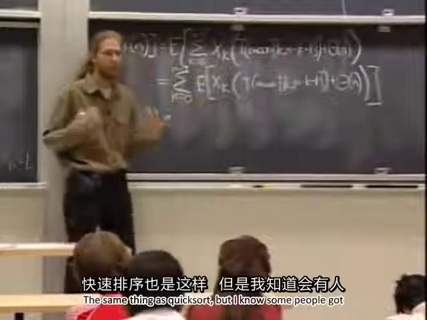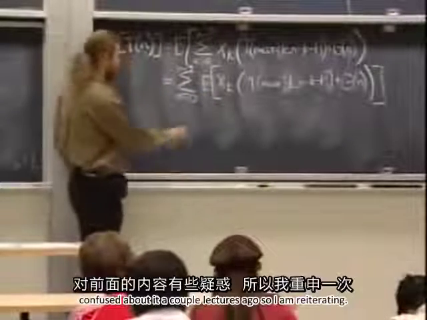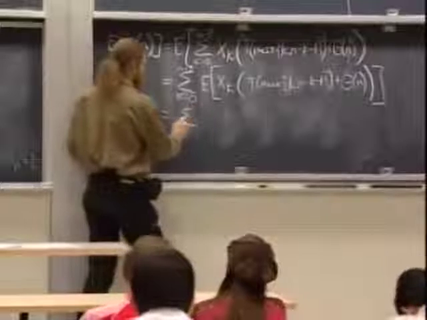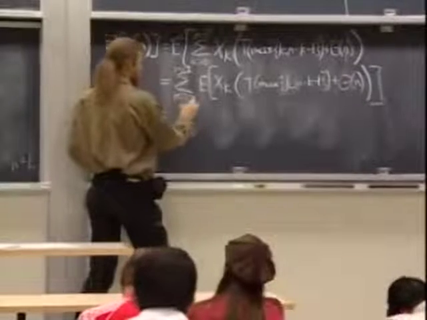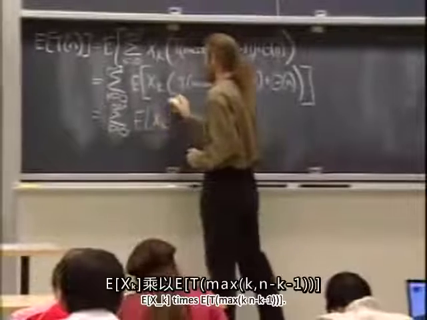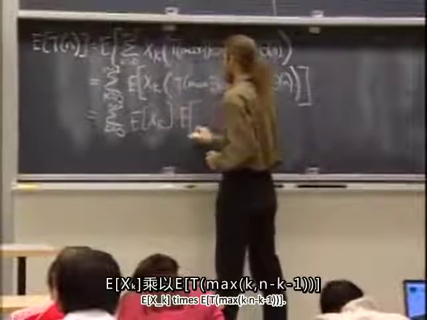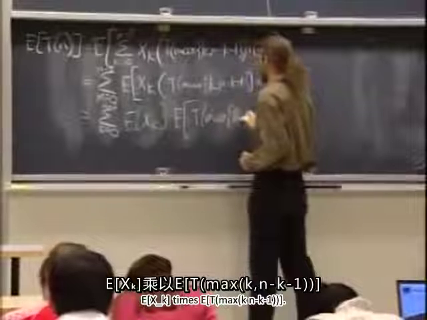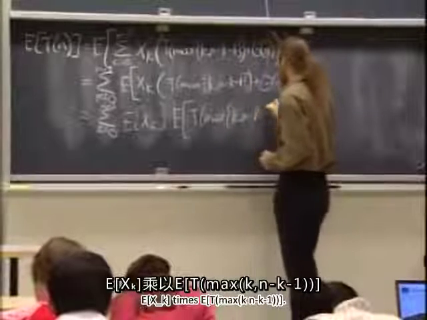Same thing as quicksort, but I know some people got confused about it a couple lectures ago, so I'm reiterating. So we get the product of expectations, E of X_k times E of T of max of k and n minus k minus 1.